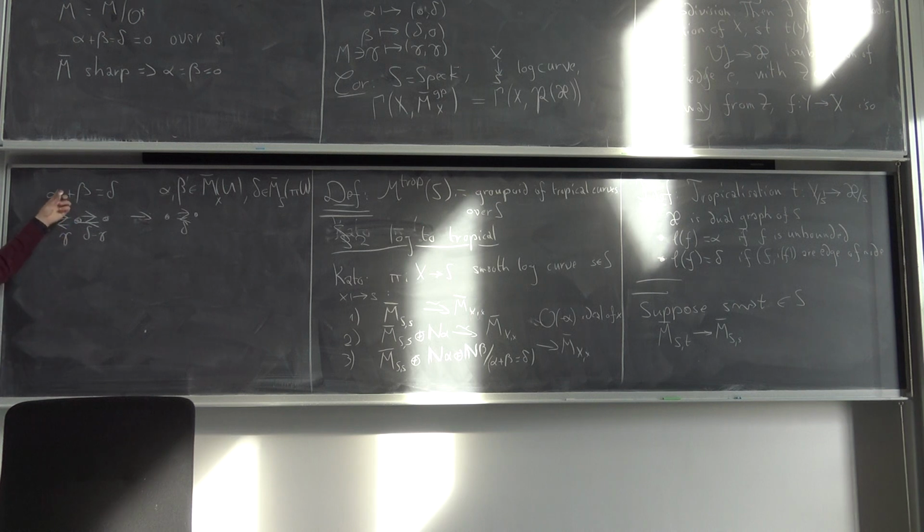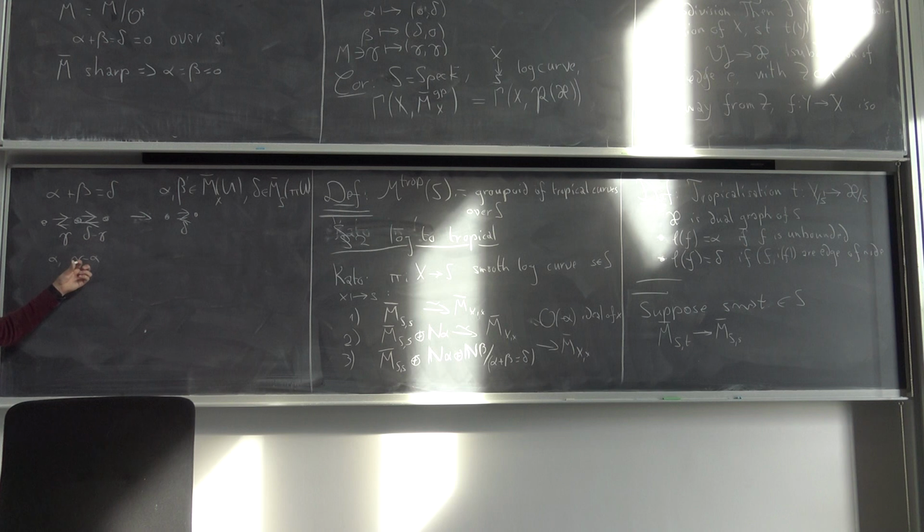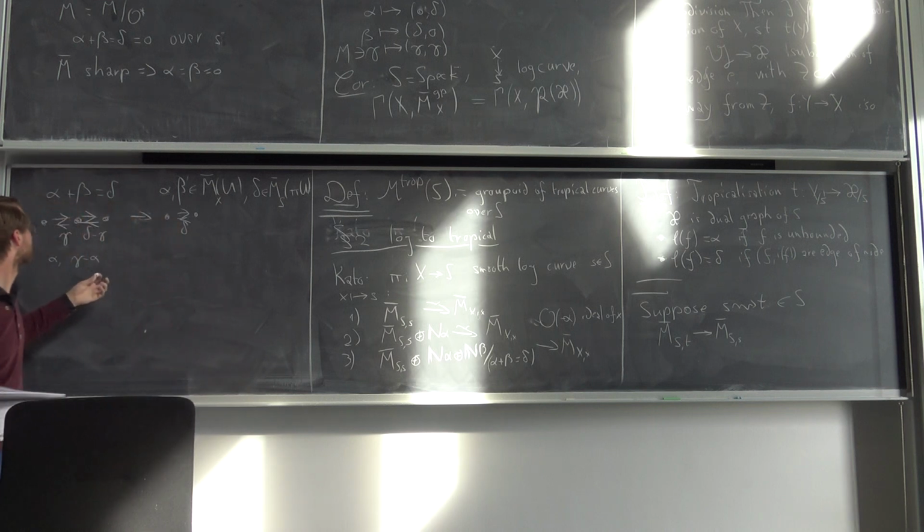And for this equation to still make sense, we don't need just an alpha and a beta, but we need 4 elements. So basically we need alpha and some gamma minus alpha as well. But of course we're working in monoids, so gamma minus alpha might not be well defined. So what we basically do is we look at all the places where this is well defined.